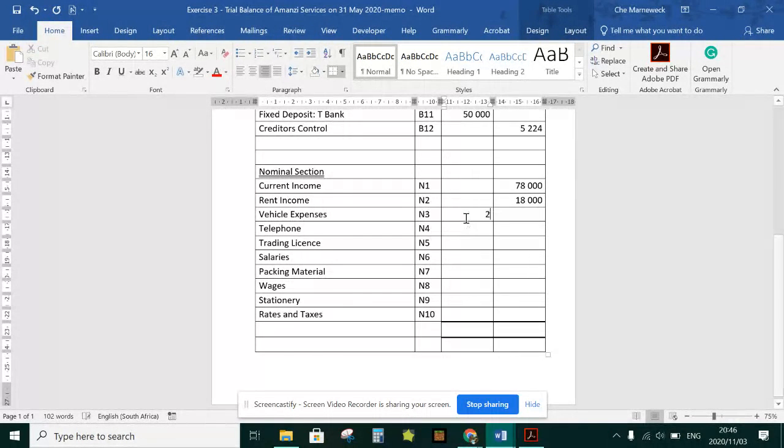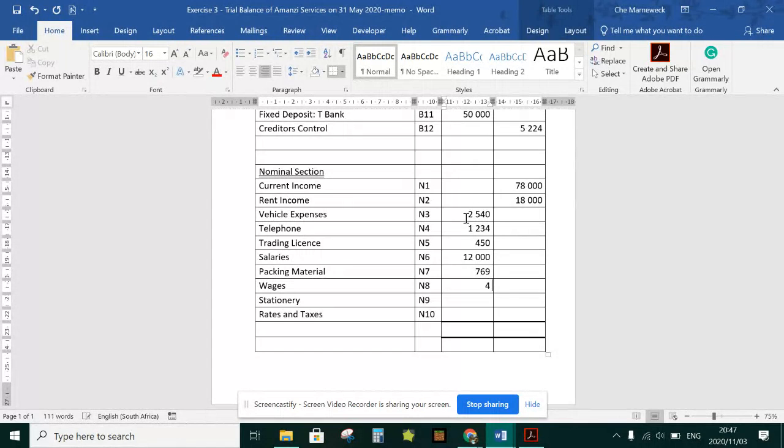So we're going to debit. Vehicle expenses, 3,540. Telephone, 1,234. Trading license, 450. Salaries, 12,000. Packing material, 769.